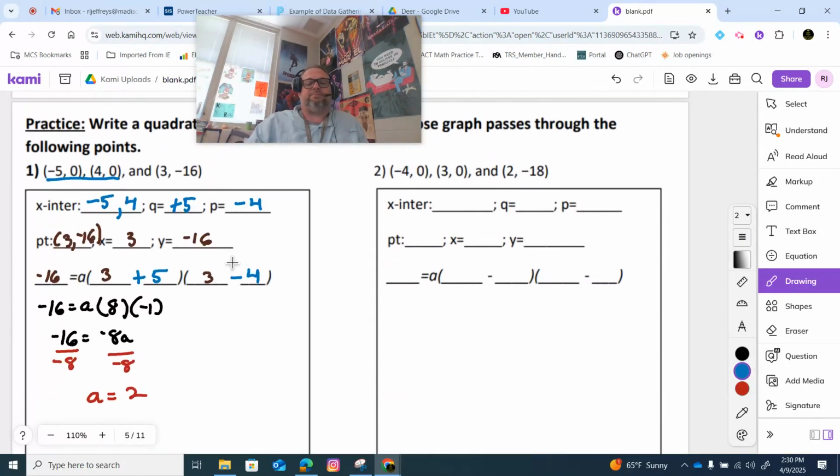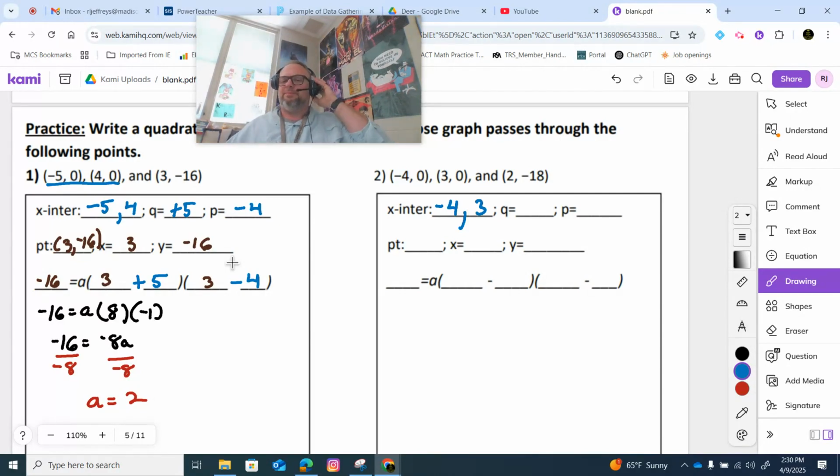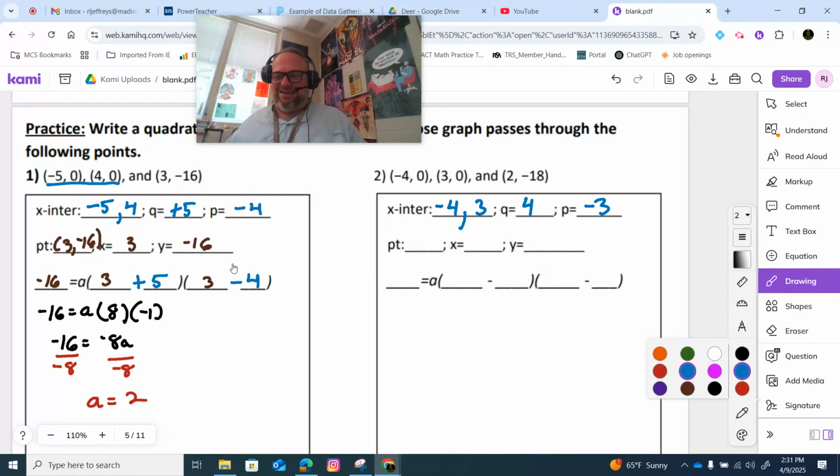All right. So, number 2. Negative 4 and 3. So, what's the opposite of negative 4? Normal 4. What's the positive? I've never heard it said like that. That's so funny. I love it. All right. What's the opposite of normal 3? Different 3. Awesome. What? You're missing a word.